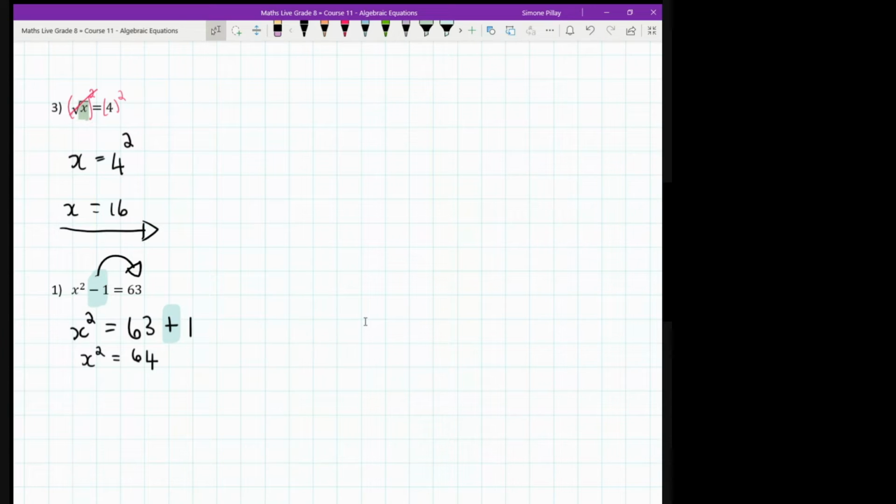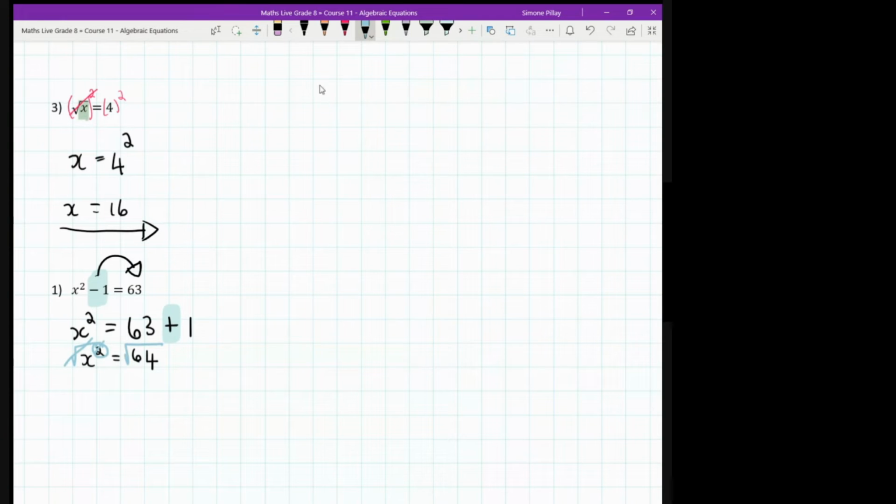Don't lose it now, Simone. Okay, now we want to get x by itself, square root. Why did I square root? There was a square over here. The opposite of a square is a square root. And so now what happens? Square and square root cancel out.